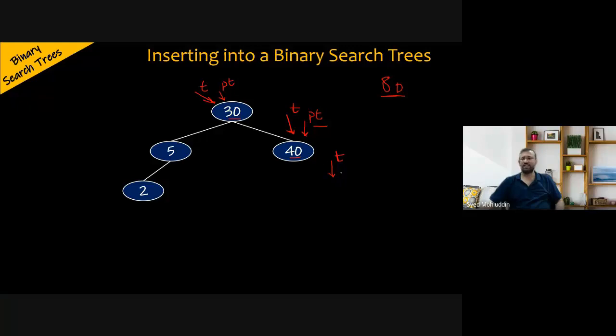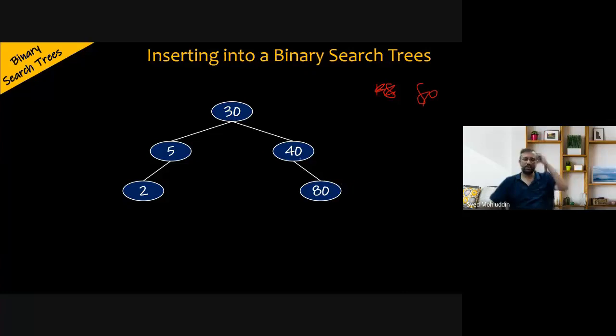So in this case, element 80 will be inserted as the right child of node 40.